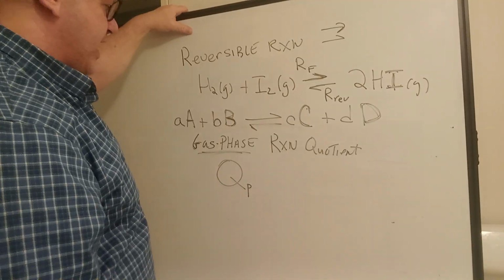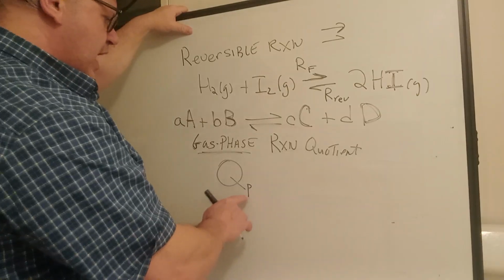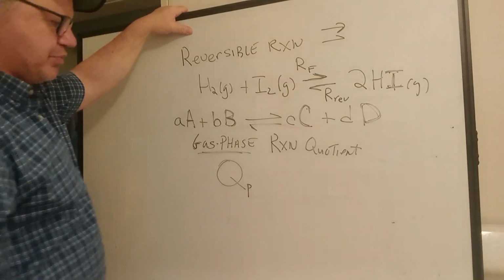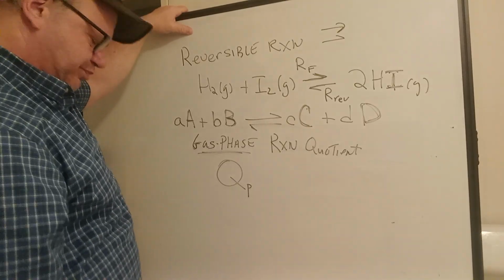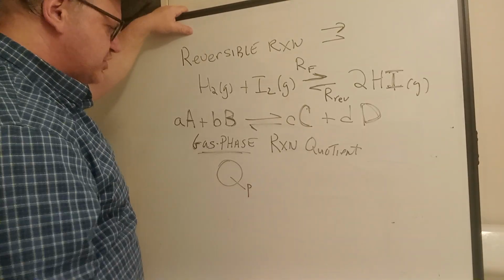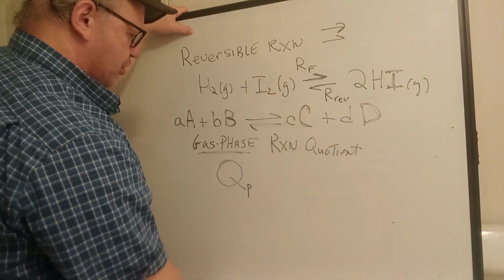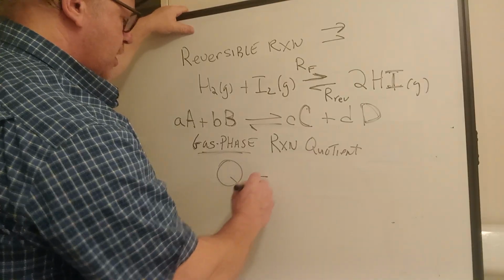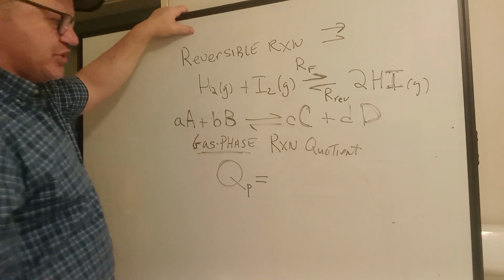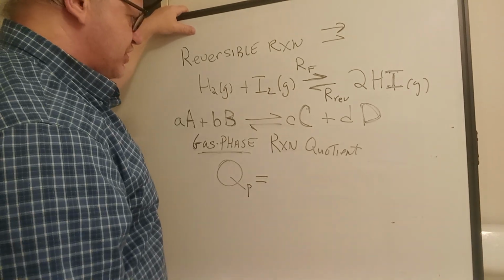Because gases can be well modeled with partial pressures, I'm going to put a subscript P there. You do not need that. I'm just putting that symbol to delineate things. You might find certain books and online sources just call it Q or something else. The way we think about this is that you could take this as a definition. It's a way of characterizing the system.